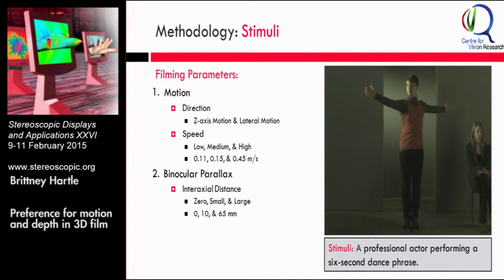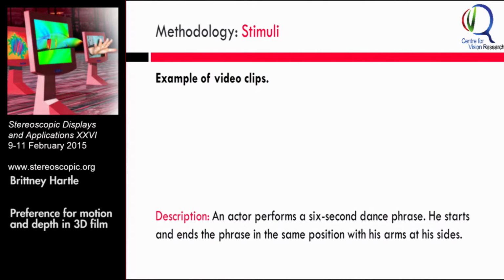So this dance phrase was filmed under every combination of these parameters. So what we ended up with was 18 unique video clips, or 9 unique video clips for each direction of motion. And actually right now I have a couple examples of the stimuli that we used during our experiment, so if you can put on your polarized glasses.